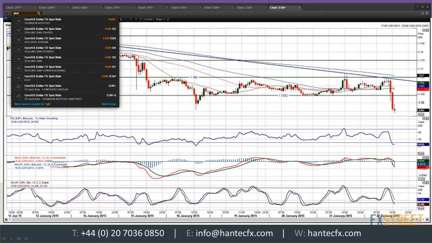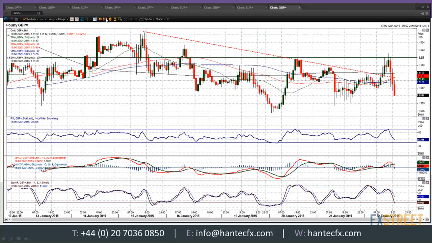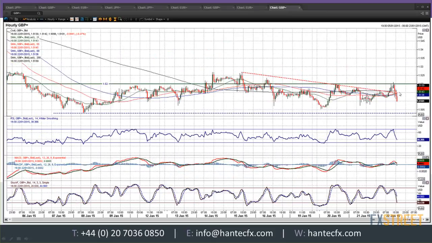Okay, let's look at sterling. I've got a few levels on sterling. Again, this is intraday hourly. Sterling is trading sideways, and I say that because it's done a little bit of an annoying thing today. It had this nice sequence of lower highs, but then it's broken out.